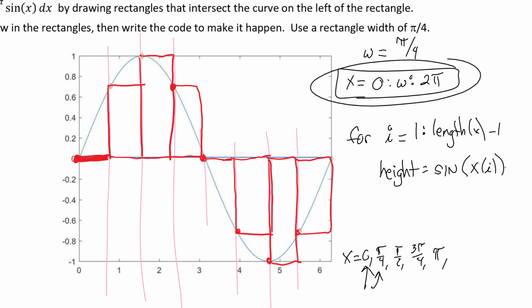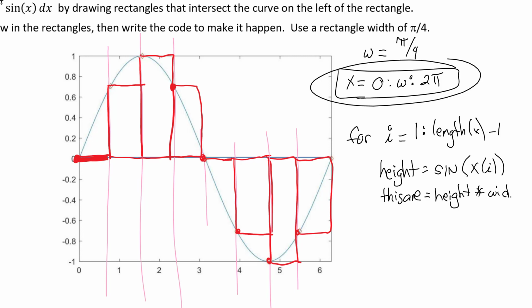location. Okay, and then we know what the area of a rectangle is, right? So the area of the rectangle is going to be its height times the width, which we have, and then basically we're going to update the total area. I could just put this in here instead of discussing it.